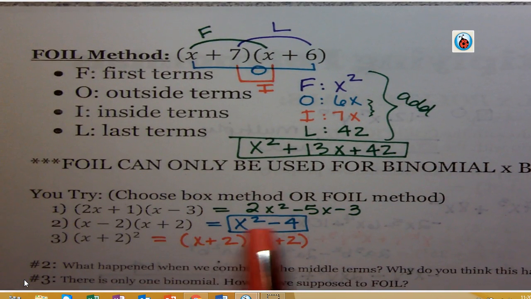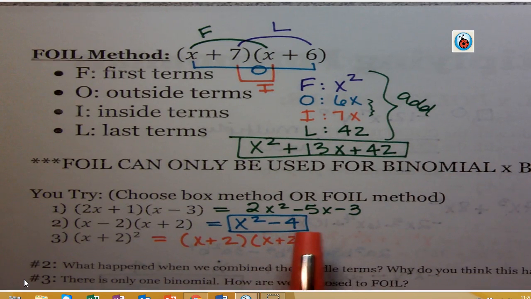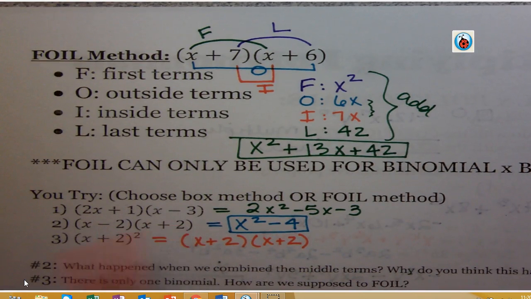Okay, so for number 1, here is your answer, 2x squared minus 5x minus 3. For your second equation, basically what happens is your middle term, when I multiply my outside terms, I get positive 2x. When I multiply my inside terms, I get negative 2x. When I combine them together, I get 0. So your middle term is canceled out, so there is no middle term.